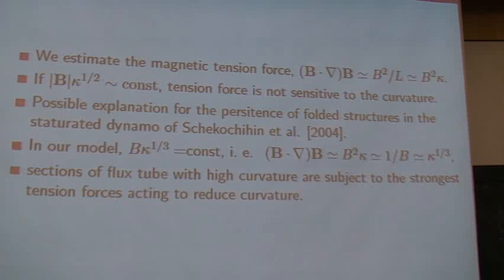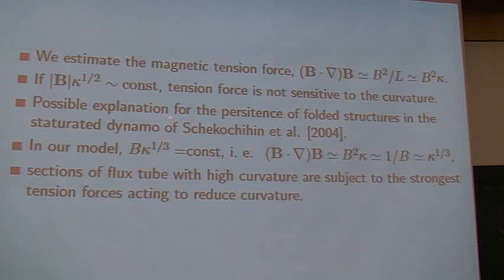Now, why this is important is because of the way that the magnetic tension force scales. On simple dimensional arguments, the tension force goes like b squared over L, which is like b squared kappa. So in the simulations of Schekochihin, when they got mod b kappa to the half roughly a constant, their tension force, you could say, is not sensitive to the curvature.